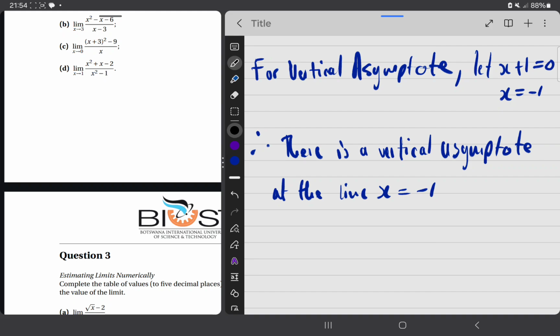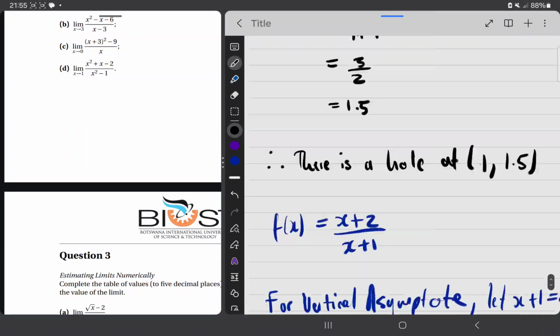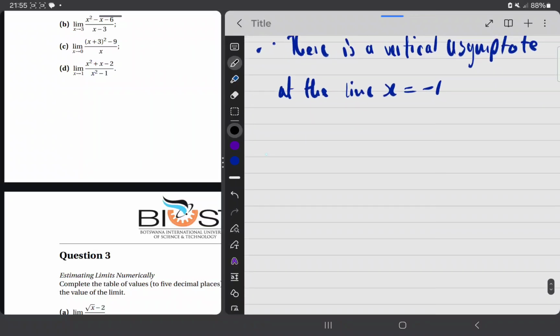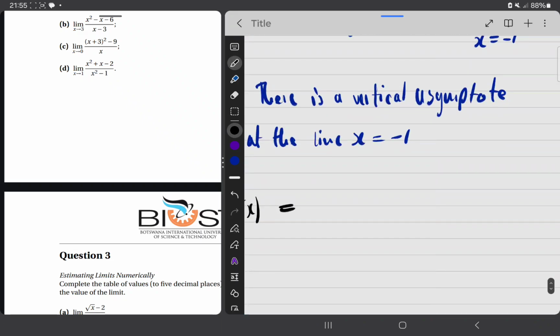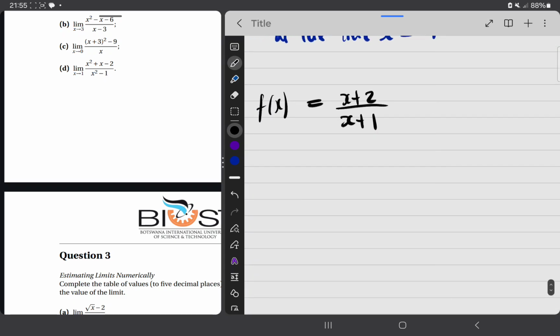So we have all this now. We have the horizontal asymptote, we have the vertical asymptote. Let's do the intercepts. We use the simplified version of f of x, x plus 2 over x plus 1. For the y-intercept, we let x equal to 0.